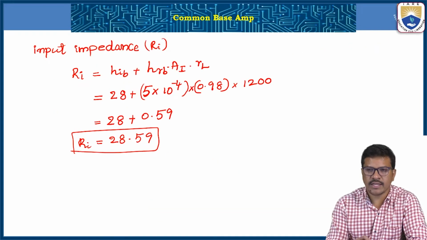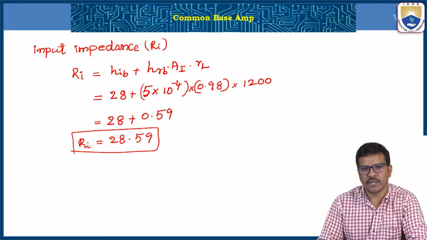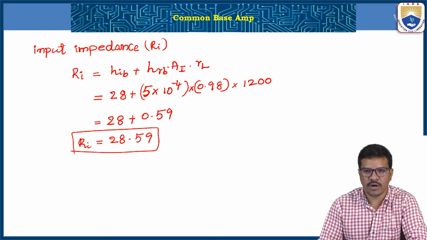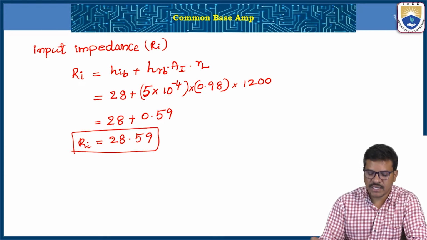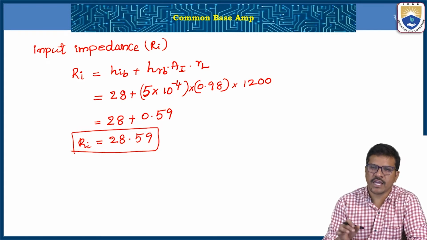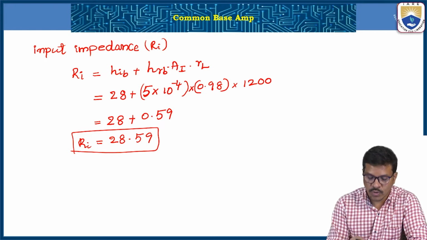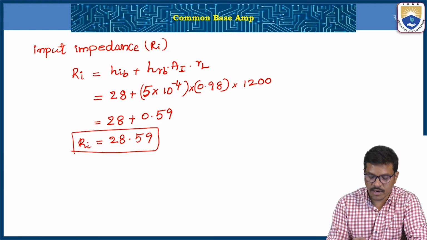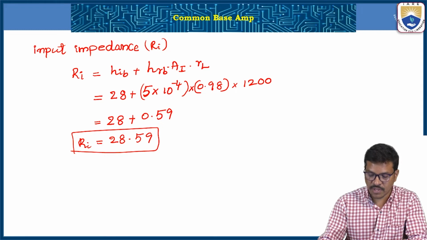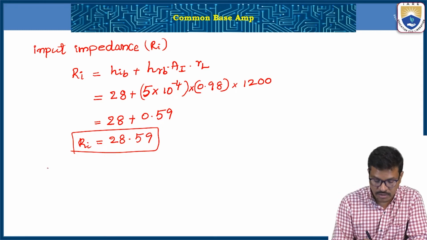So here also Ri is equal to HIB, the input impedance of the transistor model, plus the remaining parameters. The given value is 28, and by considering all the device parameters, you will get 28.59. That fraction means the accurate value of the input impedance by using this H parameter model.